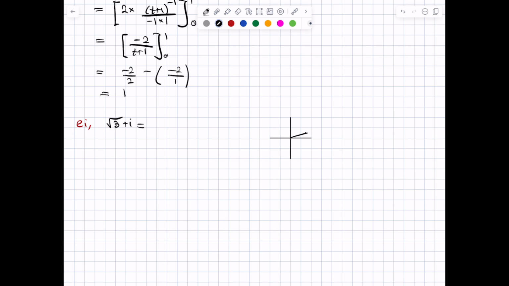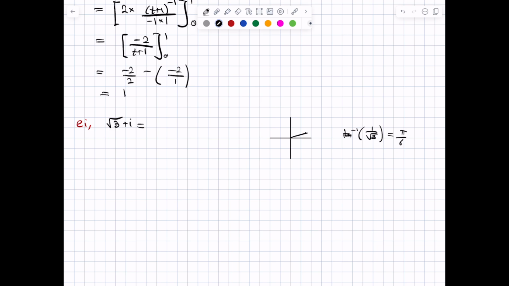That helps me to work out how to determine what my argument is. And in this case, it's going to be inverse tan of the imaginary on the real, which is pi on 6. So my argument is pi on 6.